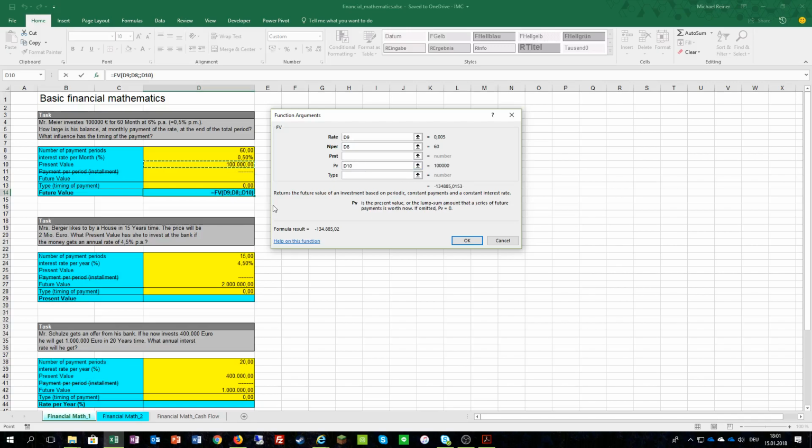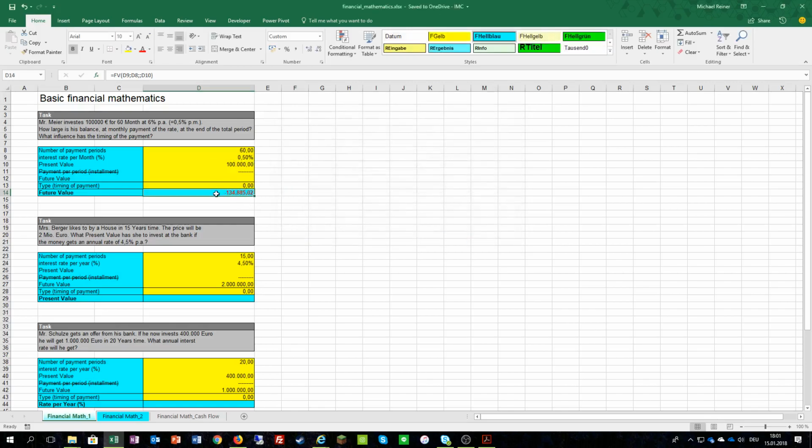And if we say the present value is 100,000 euro, and go to OK, you see that the future value is minus 134,885 and 2 cent.